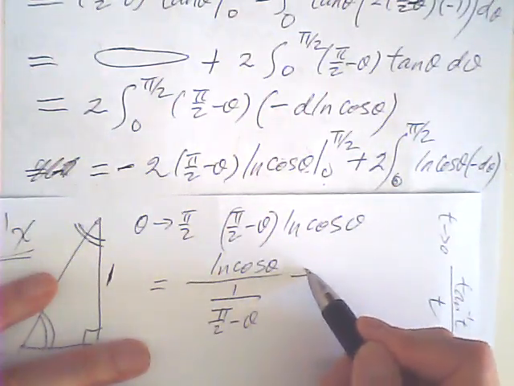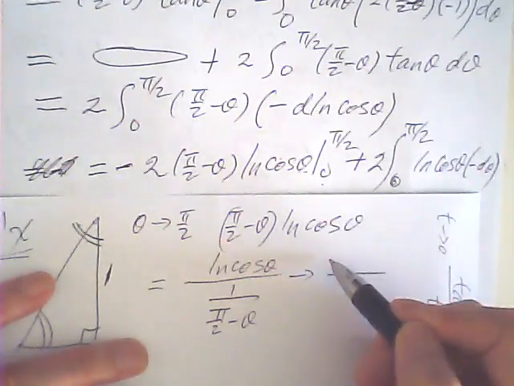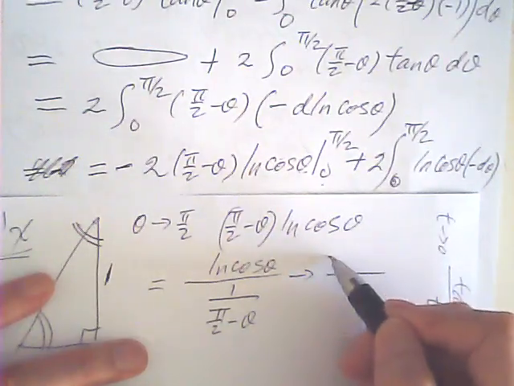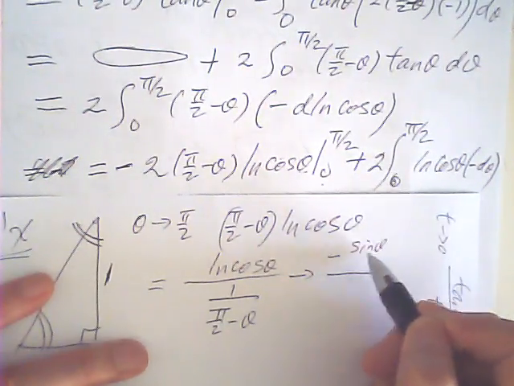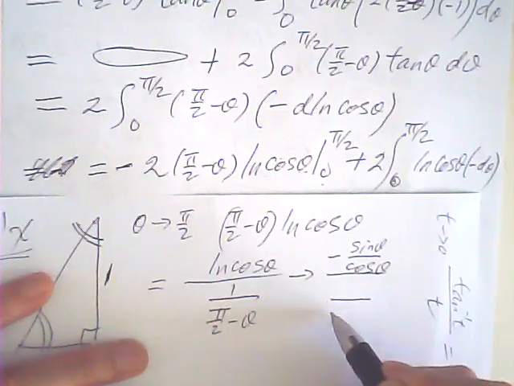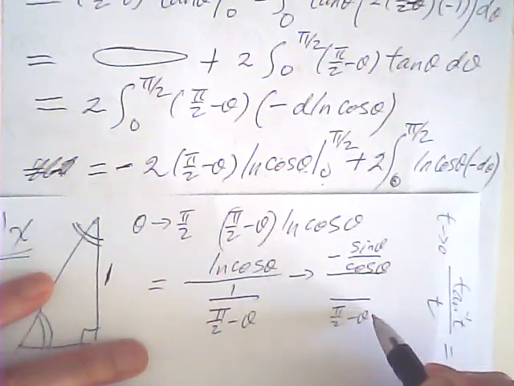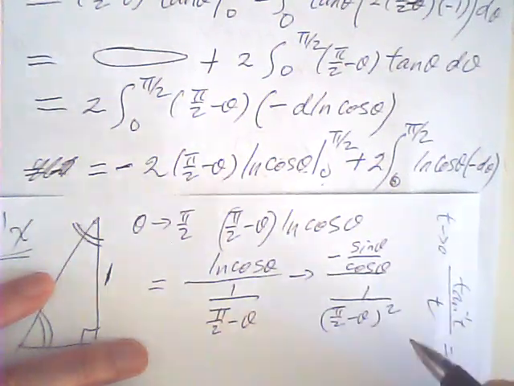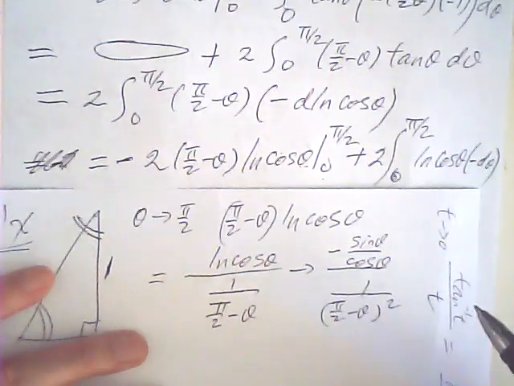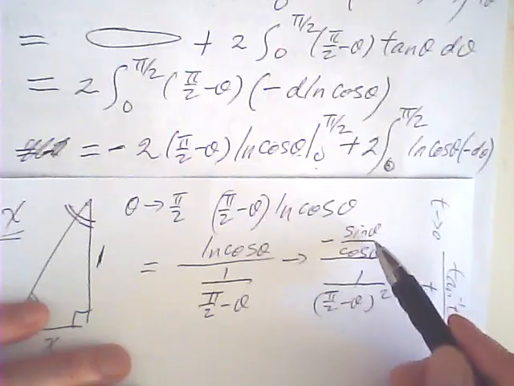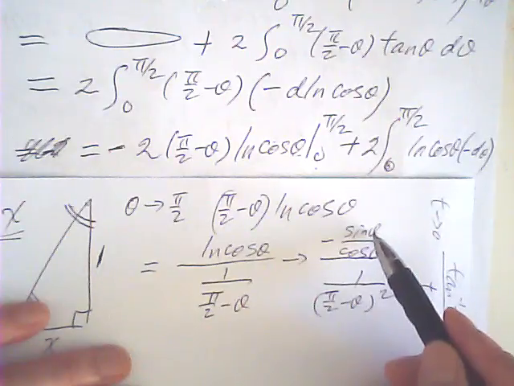So we can use L'Hopital's rule. L'Hopital's rule says this is negative sine over cosine, right? The negative becomes plus. Okay, then this one goes to 1 when theta goes to half pi.